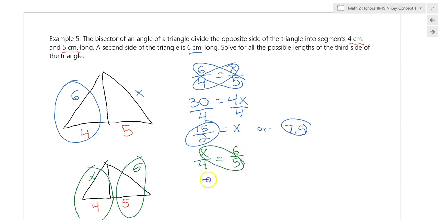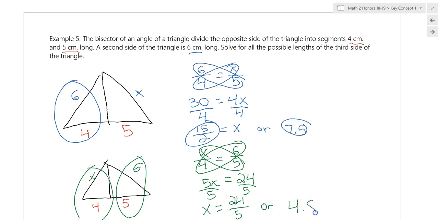When I cross multiply, I get 5x equals 24. Divide by 5, x equals 24/5, that does not reduce. Or, that is 4.8. Okay? So again, as a fraction or as a decimal, it does not matter to me.